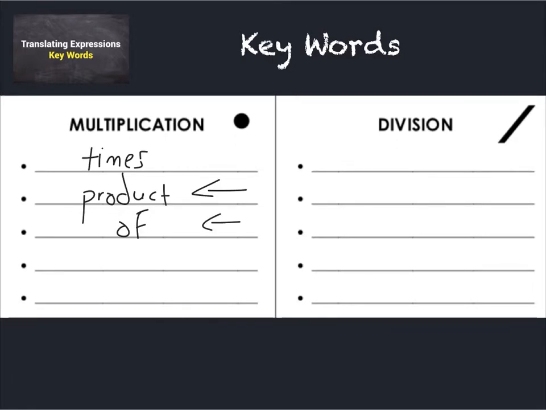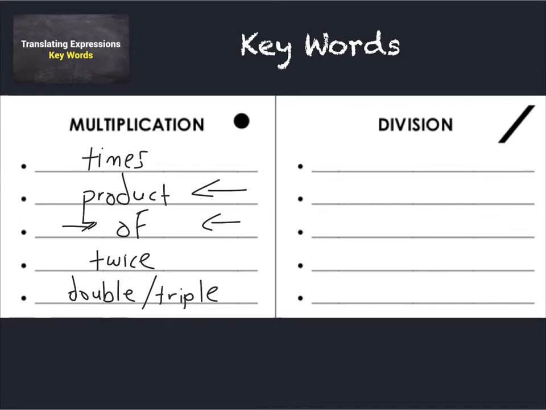Most of the time, this is a word that you're going to see next to some sort of variable or unknown. So it usually means that we're multiplying a number by a variable. Twice, it's going to mean multiplying by 2. Same with double. Double is also going to mean that we're multiplying by 2. Triple is also going to mean multiplication, but we're multiplying by 3. All these mean multiplication.